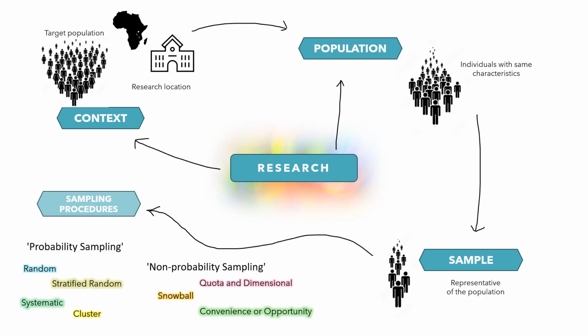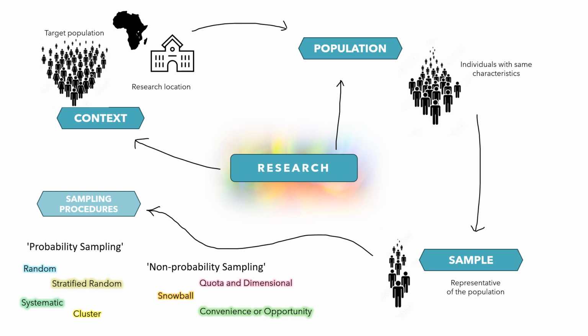First part of this presentation is this mind map about the terms of interest of this video. The first part is the context, and the other two very important aspects are population and sample.